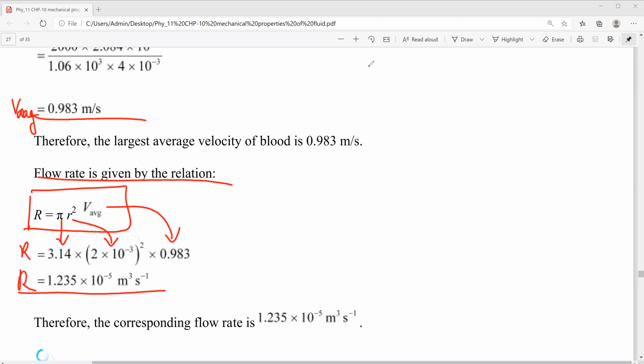After simplification, R value we got is 1.235 into 10 to the power of minus 5 meter cube per second. That is the corresponding flow rate we got. And next we shall see 10.27.